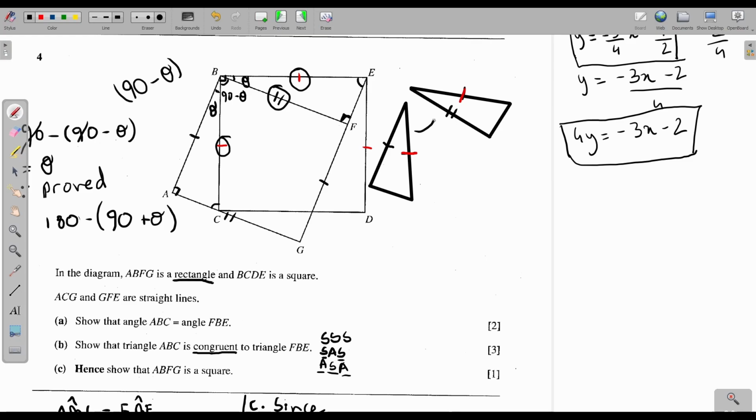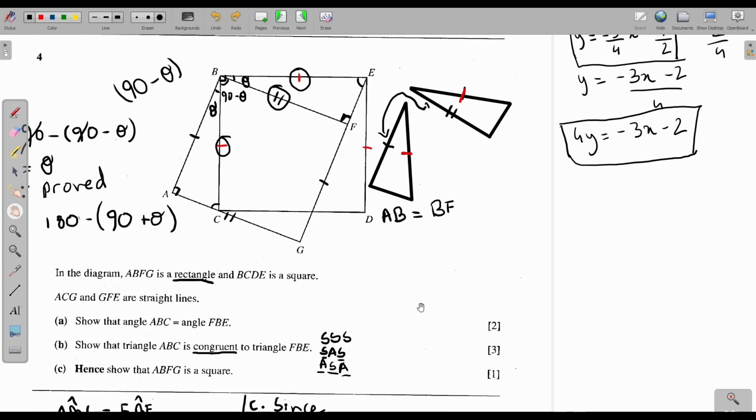But if the triangles are the same, it means both of these sides need to be the same. So AB needs to be equal to BF since they are congruent. And if both of these sides are equal and they are the two sides of the rectangle, that would mean that the rectangle is actually a square.